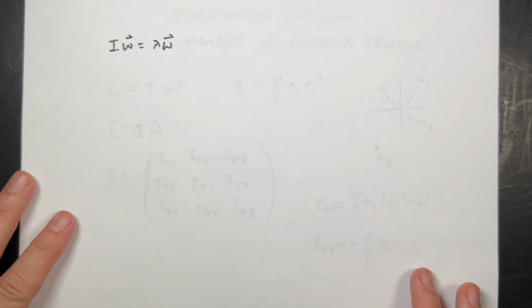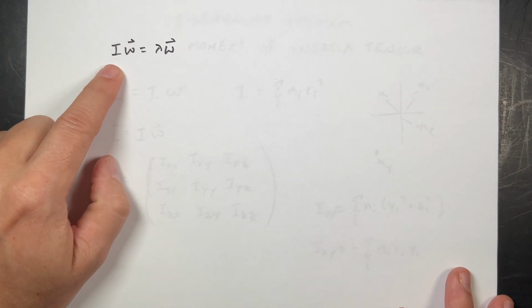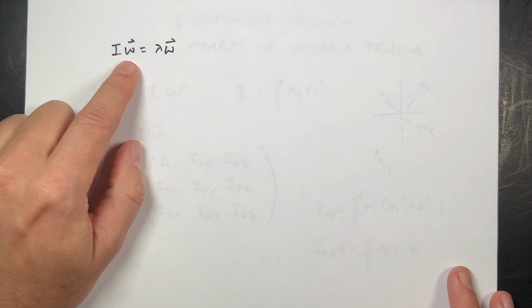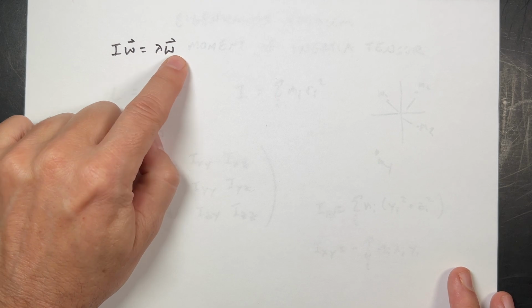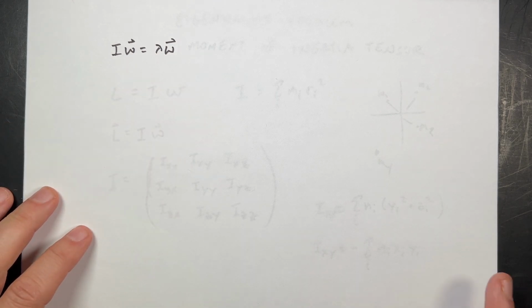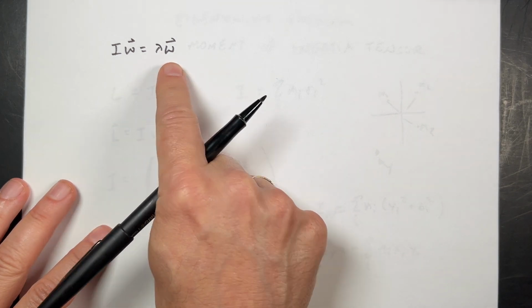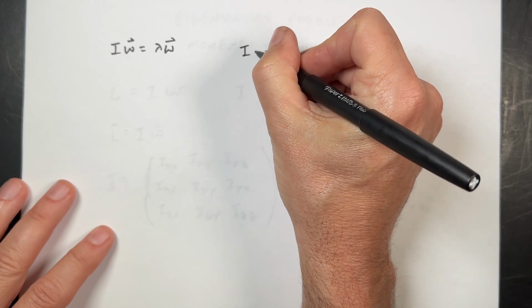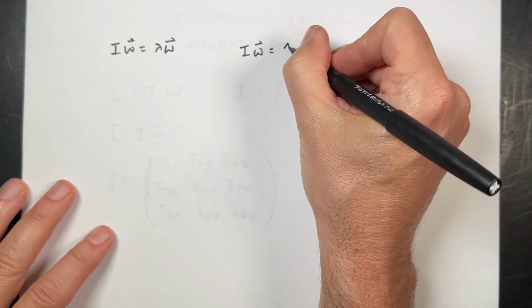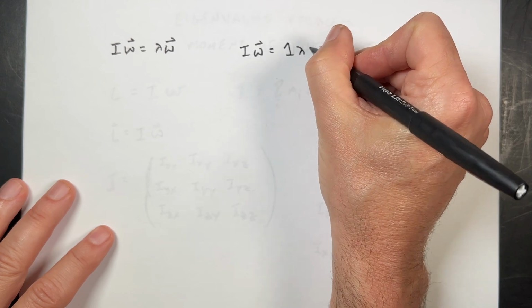So just a reminder of how to solve this. Right? We're taking a matrix, essentially, operating on a vector and getting a scalar times a vector. One way to solve this is to multiply this side by the identity matrix. So I have I omega is 1 lambda omega.